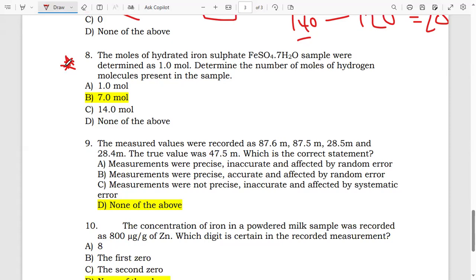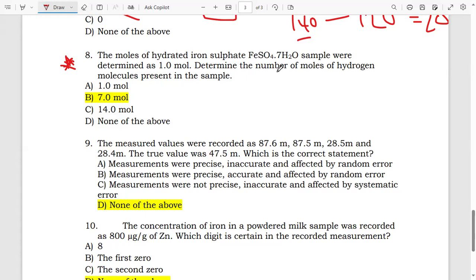They're saying the moles of hydrated iron sulfate, and they have given us this formula to show us the elements that are there. The moles of this were determined to be 1.0 moles. And then they're saying determine the number of moles of hydrogen molecules present in the sample.